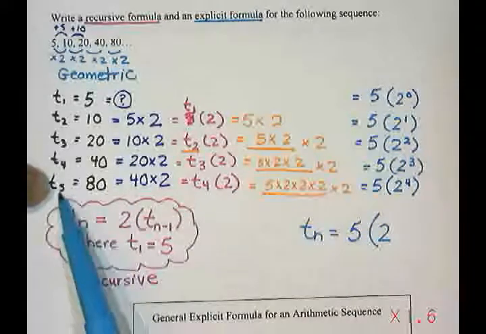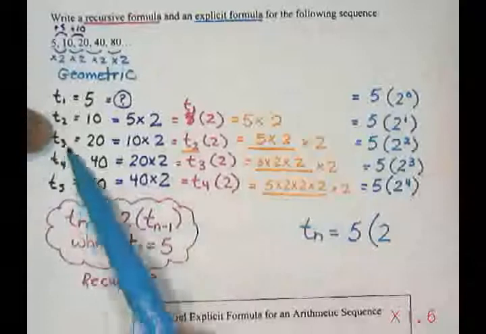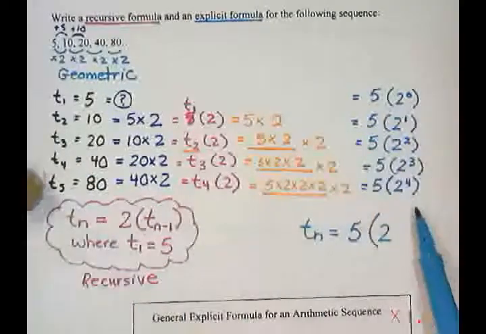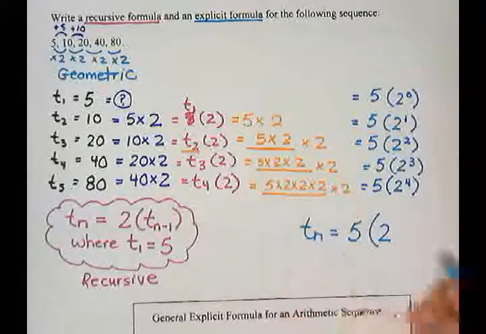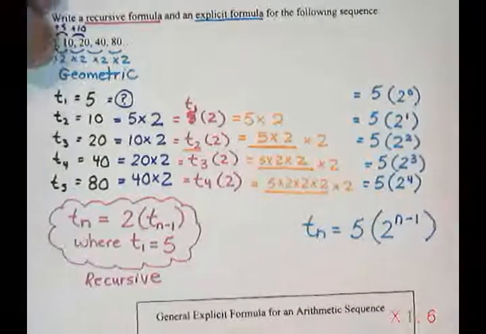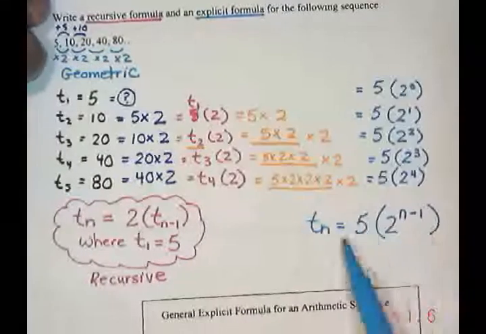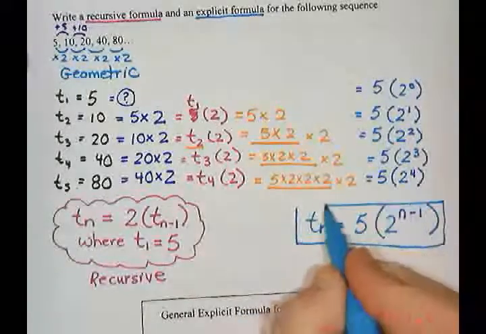I see for term 5 we used 4. For term 4 we used 3. Term 3 we used 2. So we're always using a number that is 1 less. So what's 1 less than n? N minus 1. That's going to be 1 less. So I don't have to multiply anything out. This is as good as it gets. This is going to be my explicit formula.